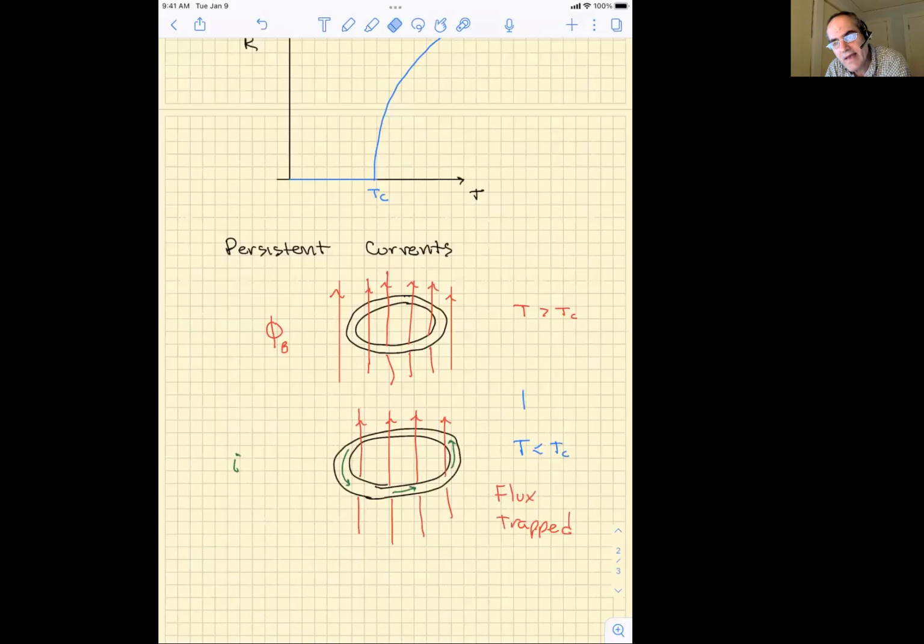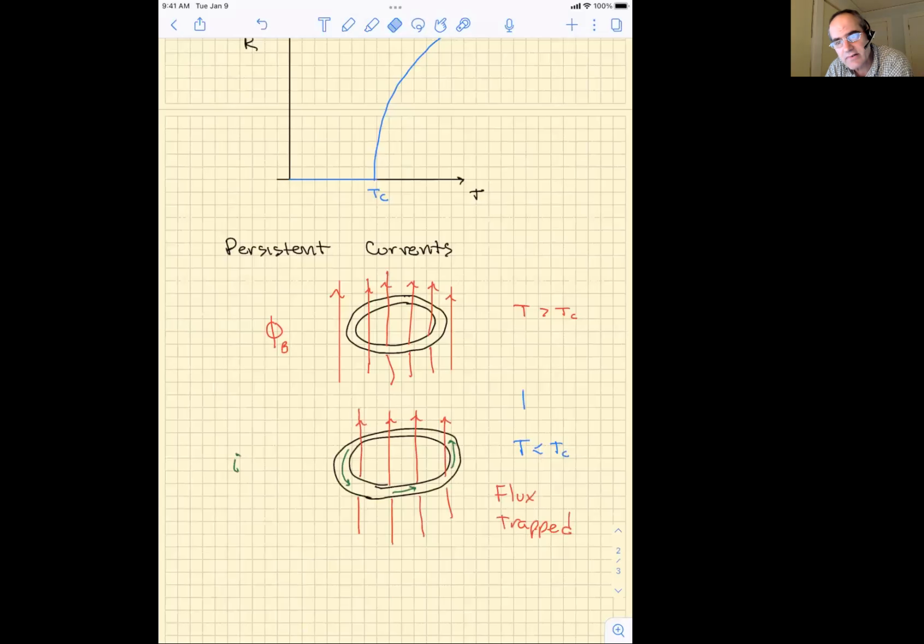And now we can ask, how long will that current persist? You know, the same thing happens in any conducting ring. If we change the magnetic field through it suddenly, we'll induce a current that flows around the ring and tries to maintain the magnetic field. But in ordinary metals, the current will die away quickly due to resistive losses, and so the flux won't be trapped for very long.